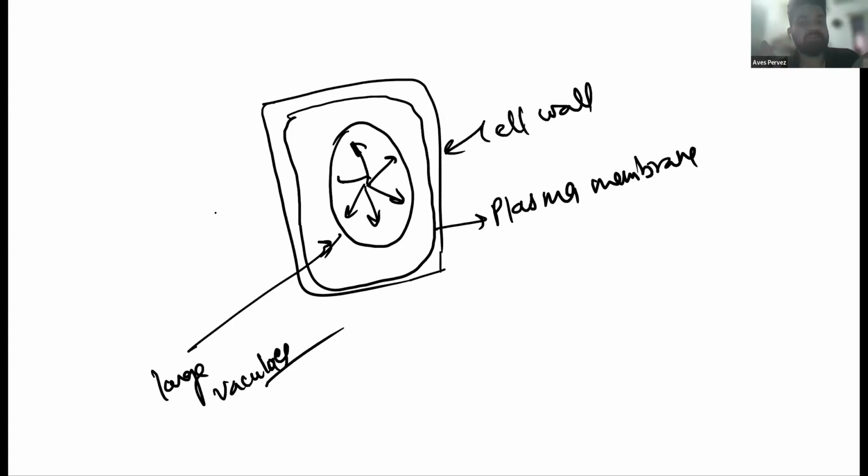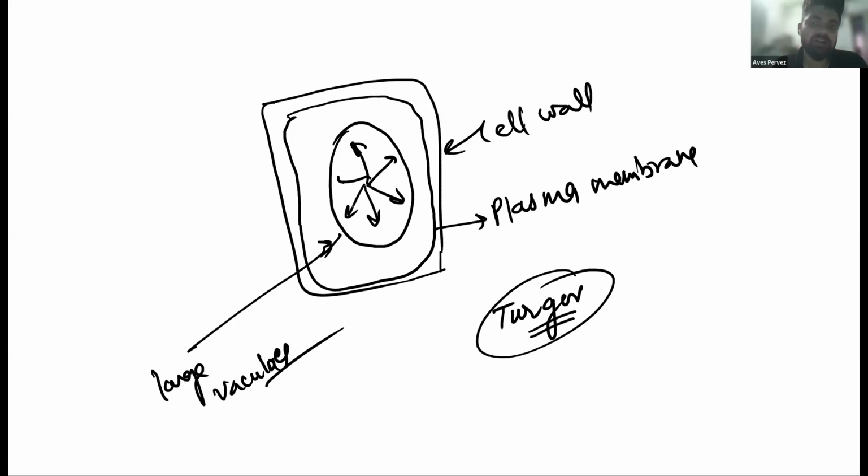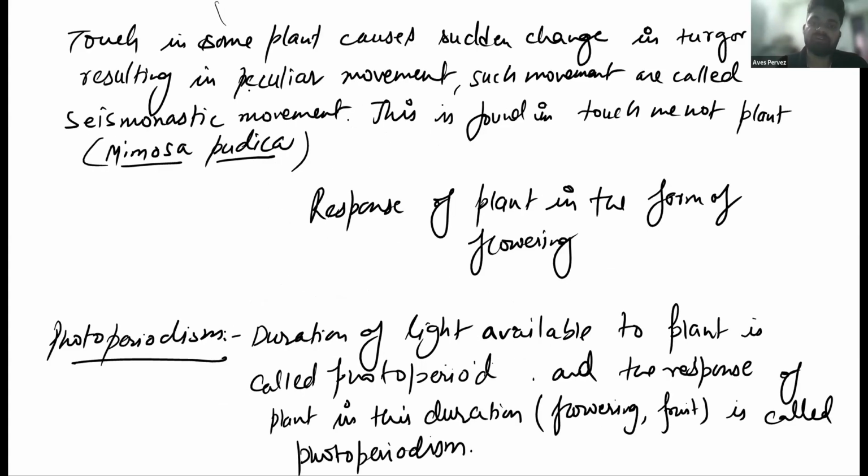The turgor pressure present in the cell suddenly drops, and as a result the leaves get closed. That is called seismonastic movement. This type of nastic movement is called seismonastic movement.